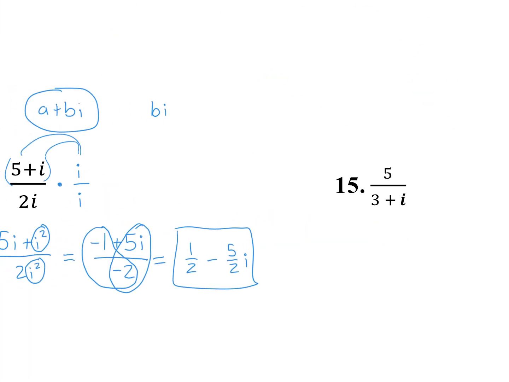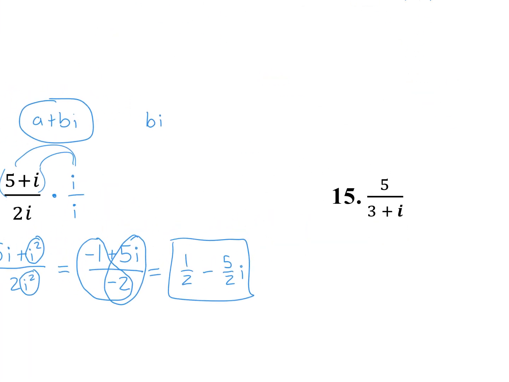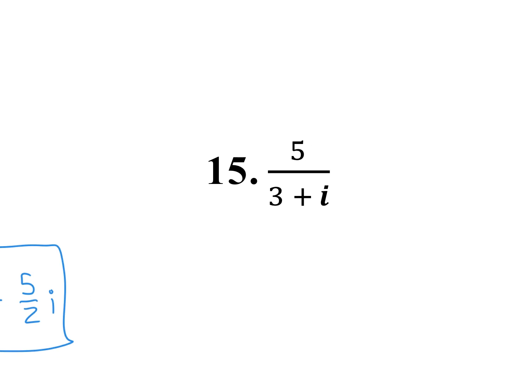All right, so I was just saying that when your denominator is just bi, you multiply top and bottom by i. When your denominator looks like a plus bi, you're going to multiply top and bottom by something called the conjugate of the denominator. Think about what you do when you conjugate in your foreign language class.